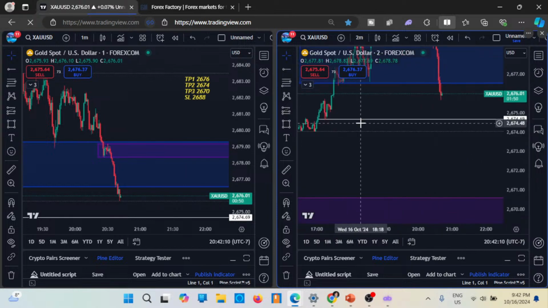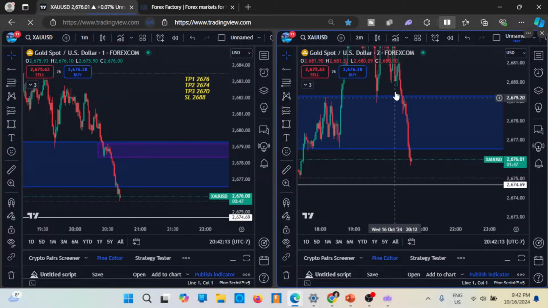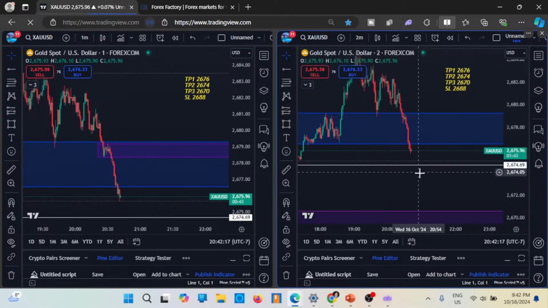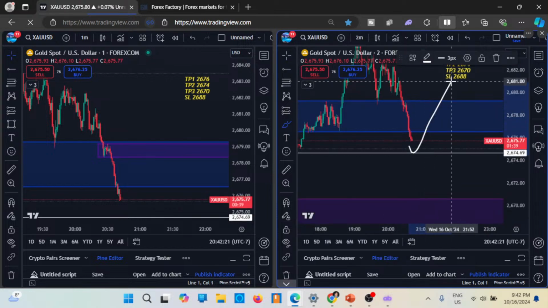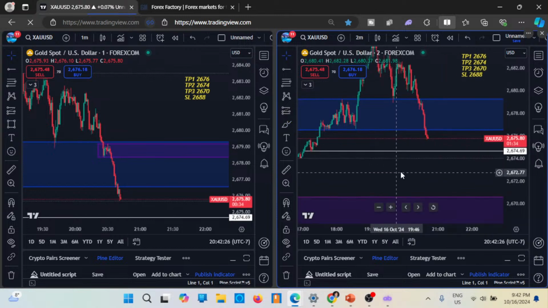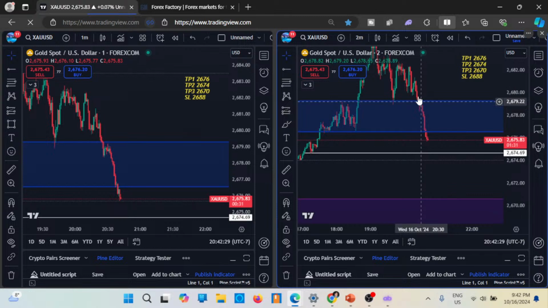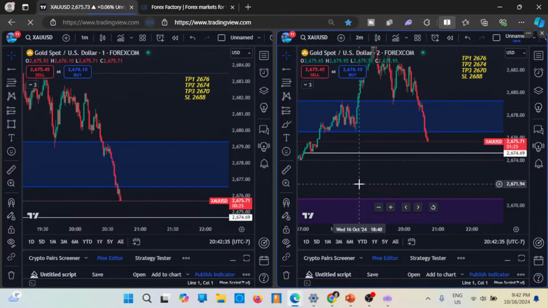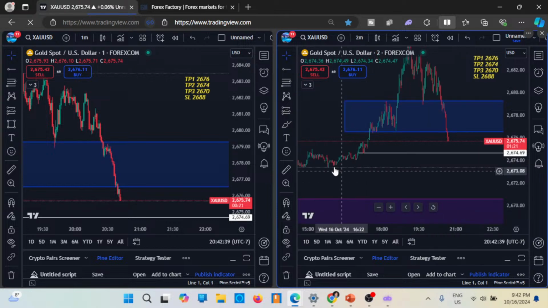Now of course, as the price is dropping, the market does not drop forever like this. Eventually it will stop dropping and bounce back up. Where you might be asking yourself, exactly where is it going to stop dropping and push back up? Well, usually the areas where the price will stop dropping are support levels.